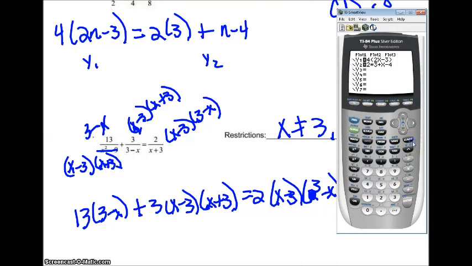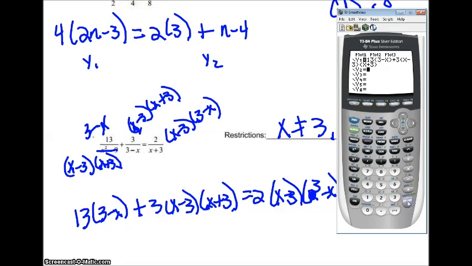At y1, you're going to say 13, open parentheses, 3 minus x, close parentheses, plus 3, open parentheses, x minus 3, close, open, x plus 3, close.